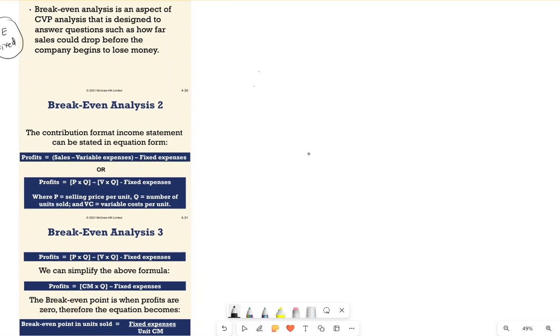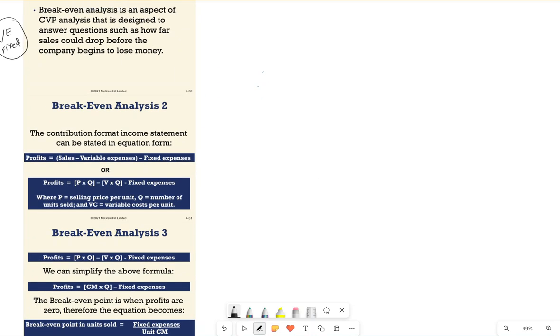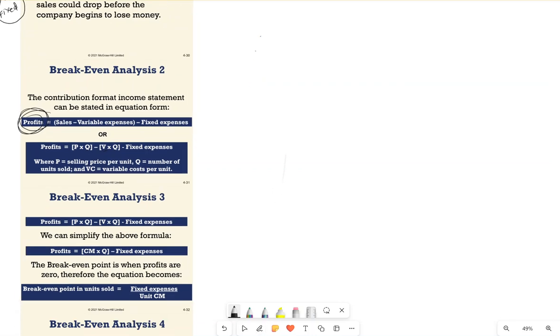You could do it in the formula way: sales minus variable expense minus fixed expense gives you the profit. Or profit is equal to P times Q minus V times Q minus fixed expense, where P is the selling price, Q is the number of units sold, and V is the variable expense. Either way, the answer is going to be the same.